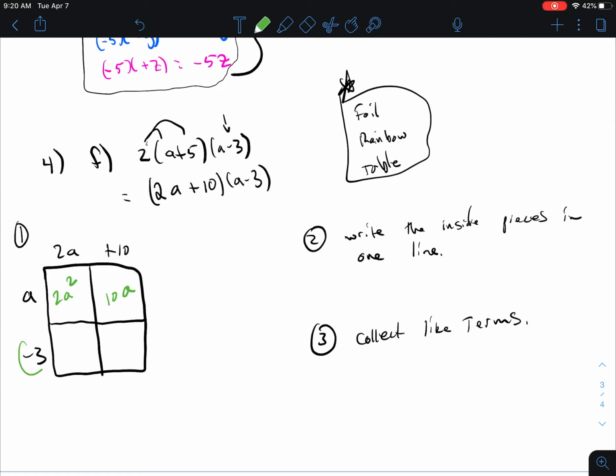And then negative 3 multiplied by 2a. Well, 2 times negative 3 is going to be negative 6 with an a on it. And then negative 3 multiplied by 10 is just negative 30.